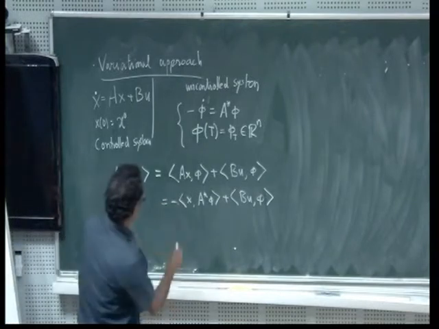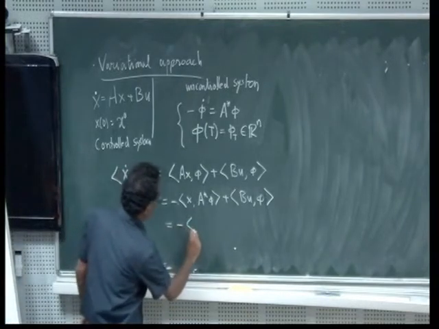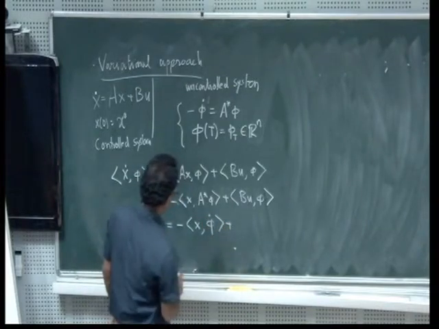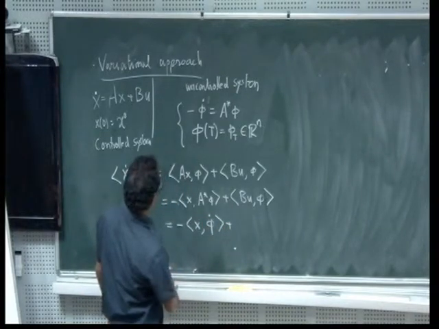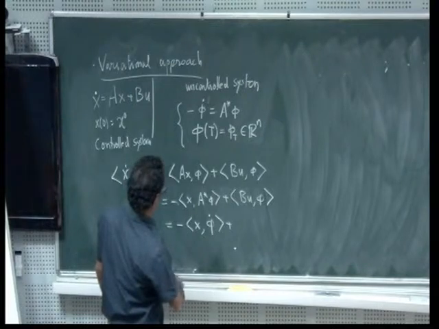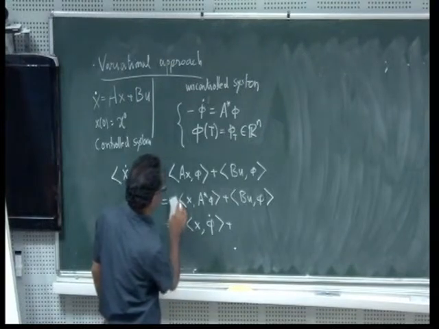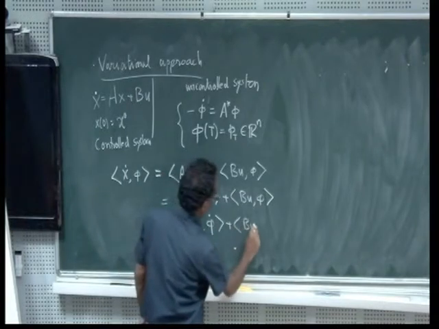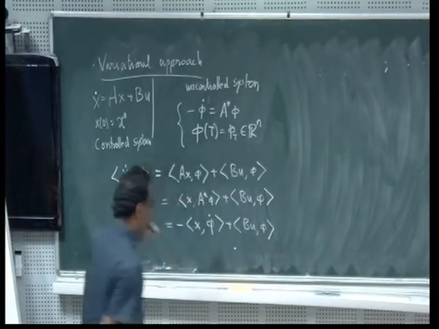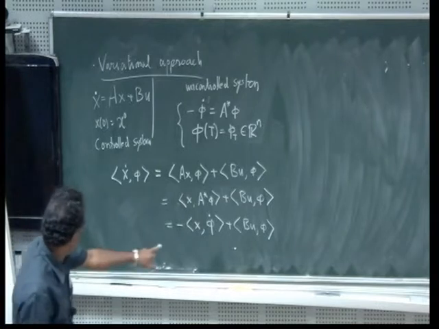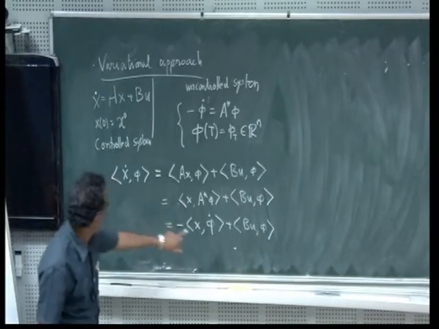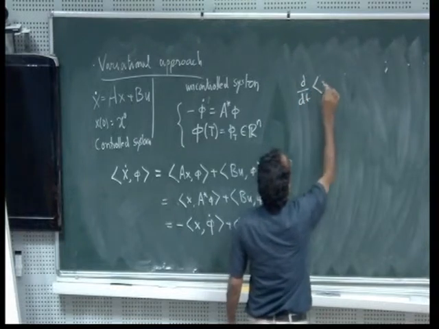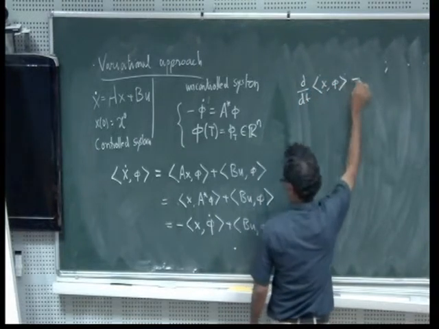But this is equal to minus x phi dot, yeah, this is plus, that's a definition, Bu phi. Alright. Now I can take this one. Here what I will get is that d by dt of x phi is equal to Bu phi.